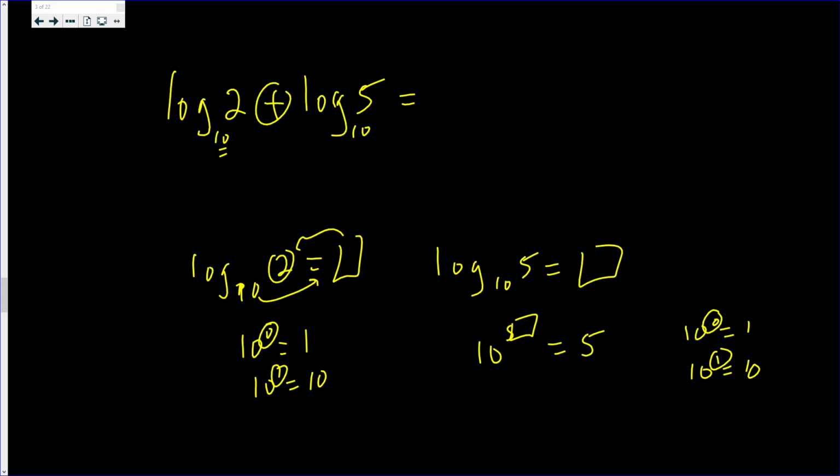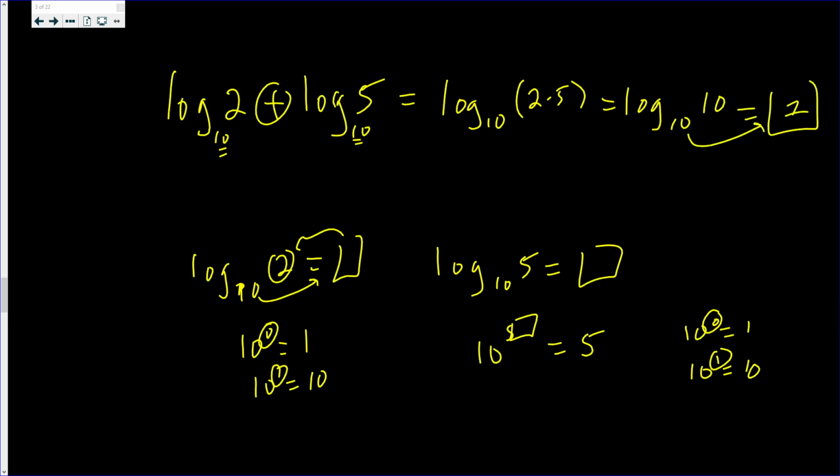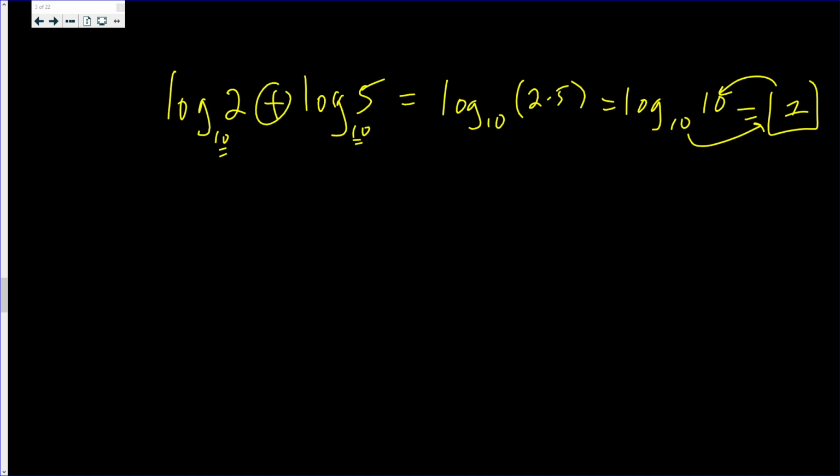Since it's addition and the bases are the same, I can take log of 2 times 5, which is log of 10. And you should know that 10 to the first power gives you back 10. So sometimes combining them is a lot quicker than running and getting a calculator. Okay, I mean, 2 times 5 isn't bad. So you get to this right away. Oh, that's 1.